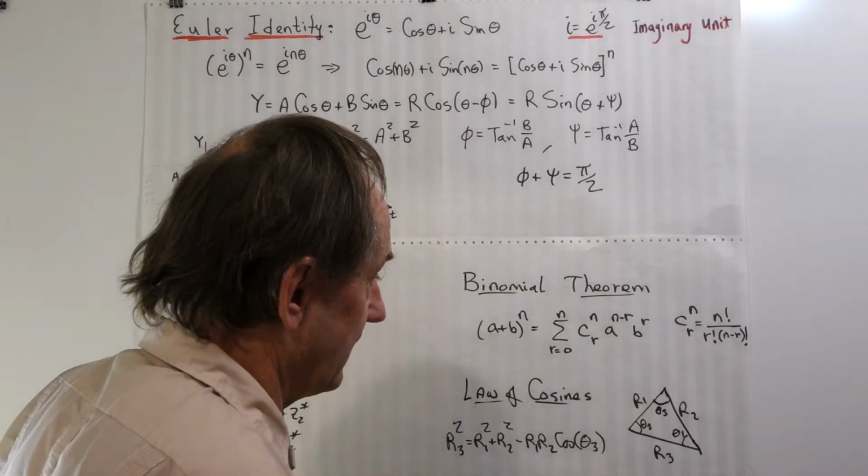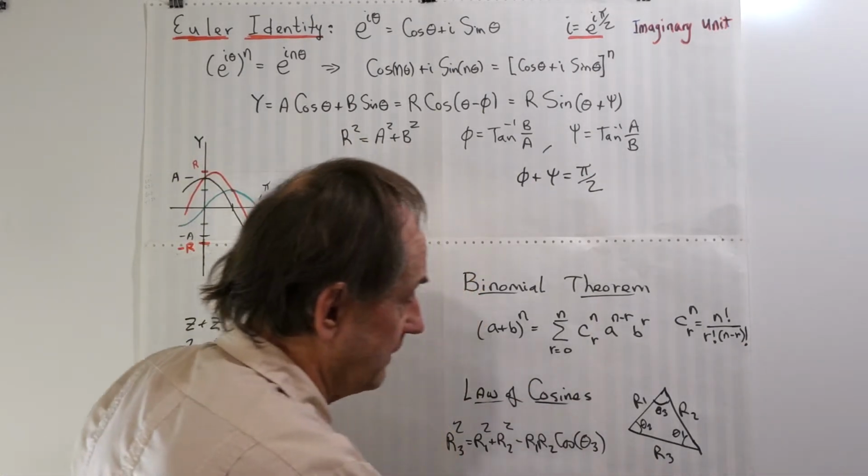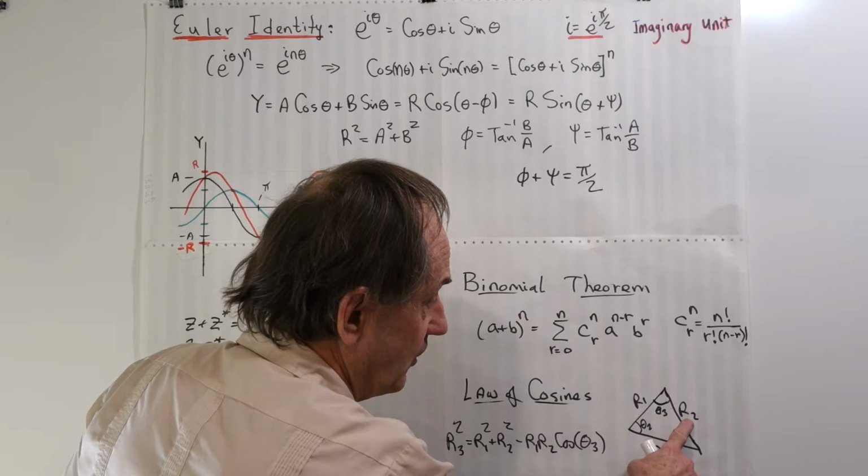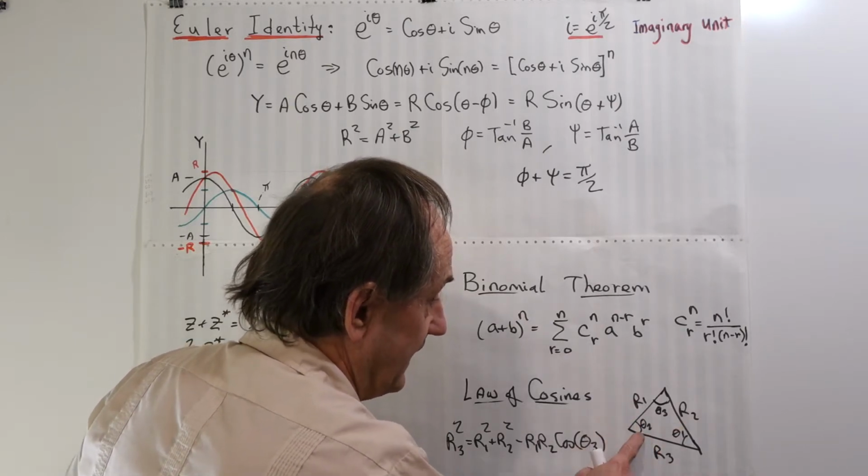Or I could go in on another side. Suppose I want to know R2, but I know R1 and R3 and the angle between them.